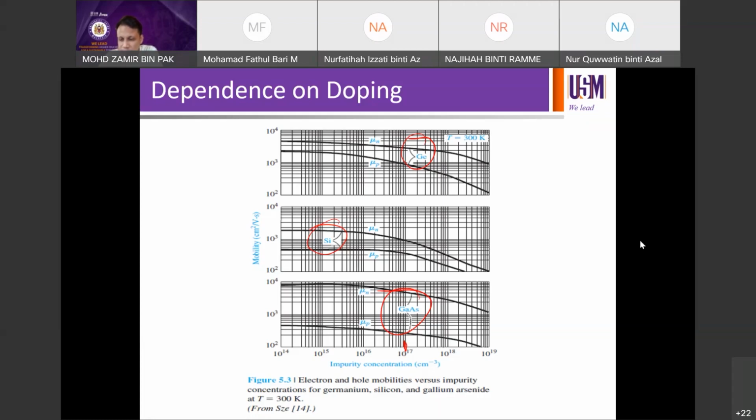Peshwan, what do you get? Germanium electron, 1 times 10 to the 17. Anyone? Senyap ni semua?